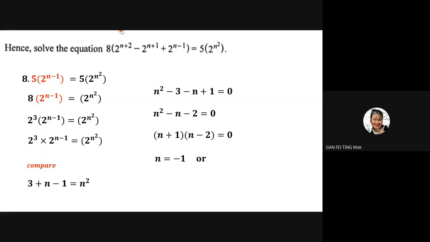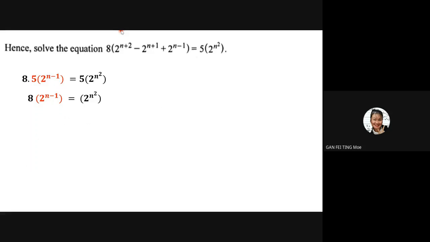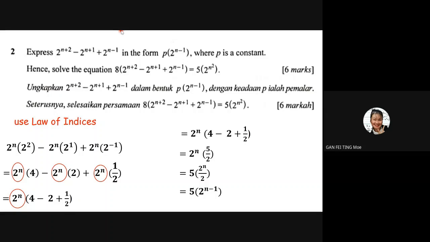But setiap line yang dibincangkan tadi, all this, okay, ada markah diberi, is either in here or in here. Okay, so line ini diberi, jalan kerja ini diberi, because some of you, you are very good. You tak payah melalui langkah ini, terus you masuk langkah ini.